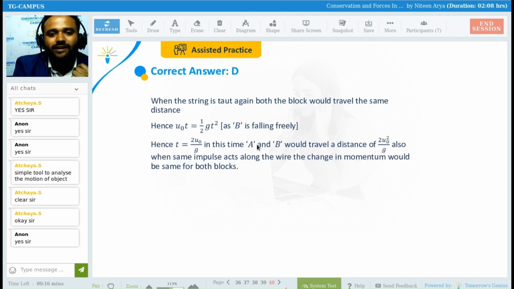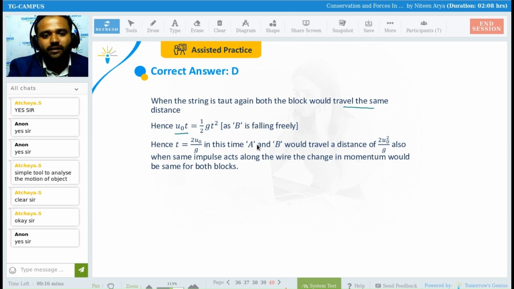Then when the string is taut, the block travels the same distance. So ut, where u is the initial velocity, and s equals half g t square.